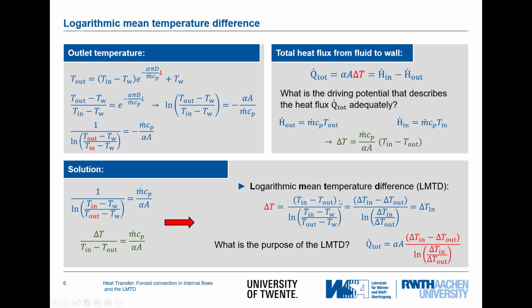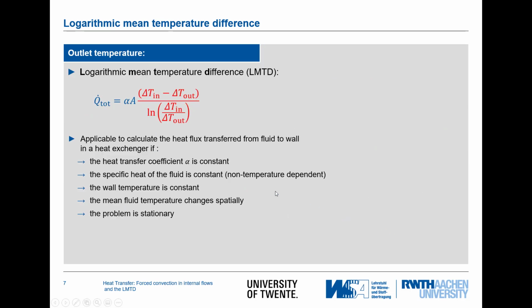What is the purpose of this logarithmic mean temperature difference? First of all, we can use it as a driving potential for calculating the total heat flux if we know the heat transfer coefficient and the area. And of course, we need to know the inlet and the outlet temperature. So when can we use this logarithmic mean temperature difference? It is often used in the calculation of heat exchangers.